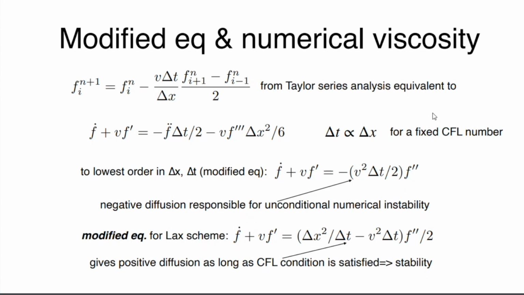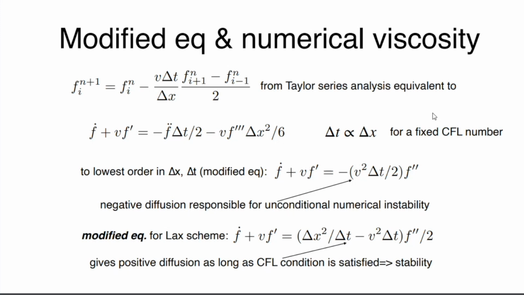So F double dot will be written in terms of it. Anyway, this is higher order. This is delta X squared, this is delta T, so this will be smaller than that in general. And we already saw in the CFL condition delta T is proportional to delta X. So this is a higher order term.